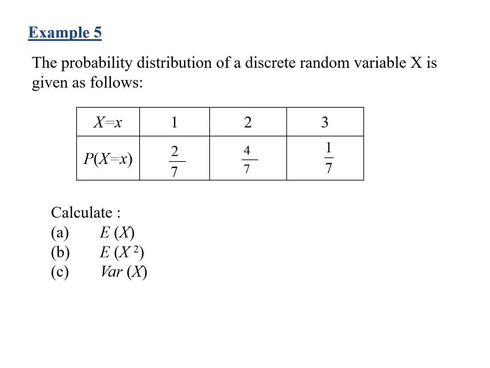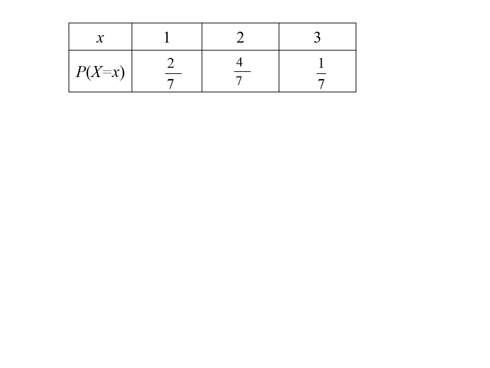Example 5. The probability distribution of a discrete random variable X is given as follows. Calculate E(X), E(X squared), and Var(X). For the solution, for E(X), we use the formula: summation of x times the probability.